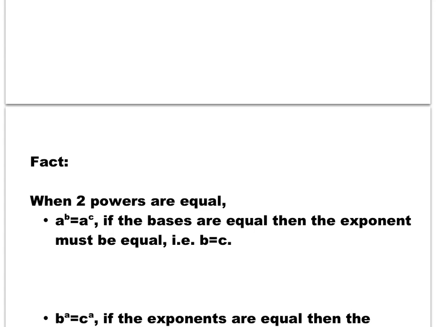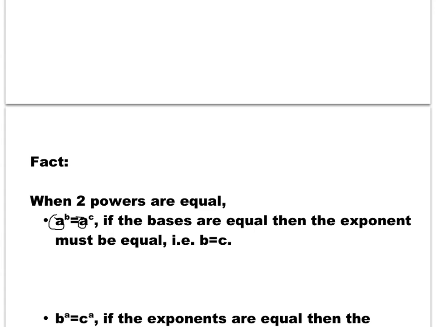Now we are going to talk about a few facts here. When you have two powers which are equal, like a exponent b equal a exponent c, when the bases are equal, like here, which is a, then it means that the exponents have to be equal, meaning b has to be equal to c. Again, the bases have to be equal.